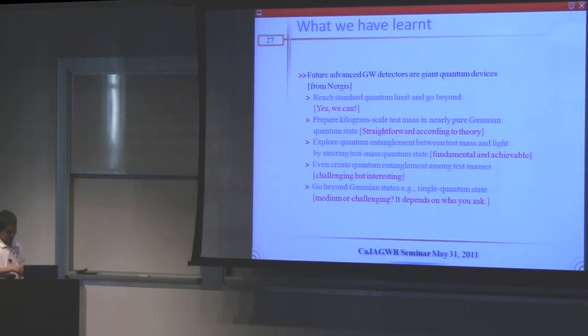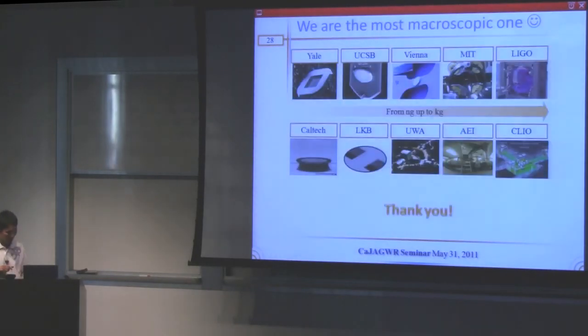And of course, you can also prepare a kilogram test mass in a pure Gaussian quantum state. If you have this, the classical noise can go below the standard quantum limit. And also you have all sorts of things here. Maybe I'll just stop here. Thank you very much.